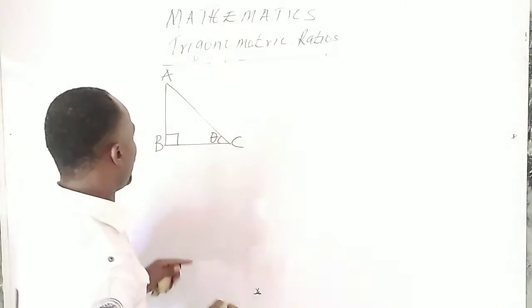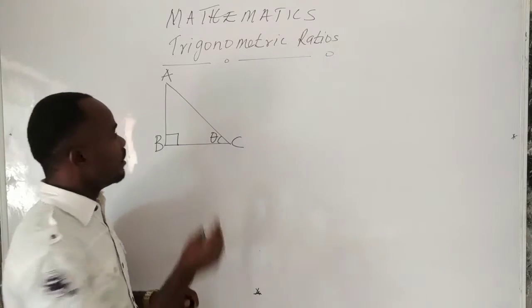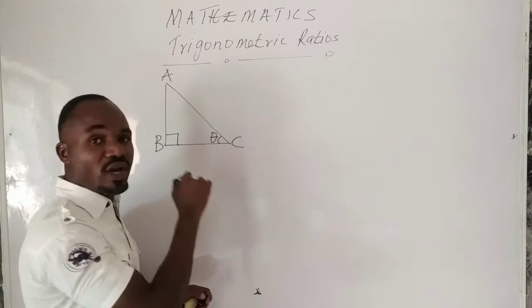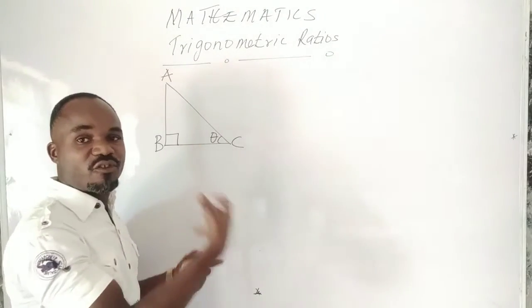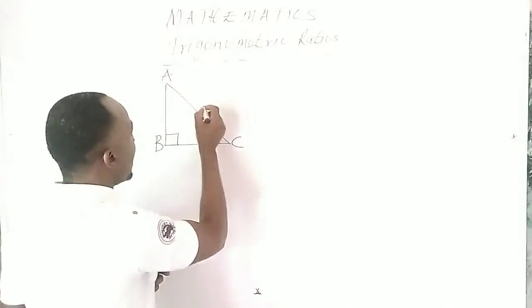Then we have three sides. This side is the longest or greatest side in terms of measurement and is known as the hypotenuse.